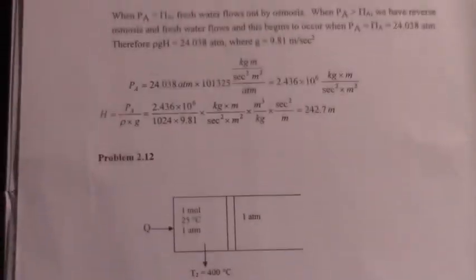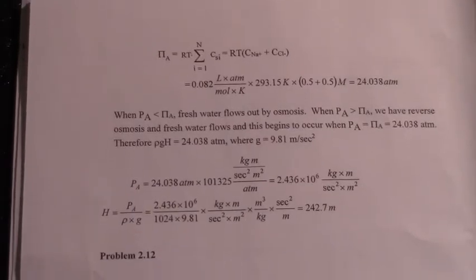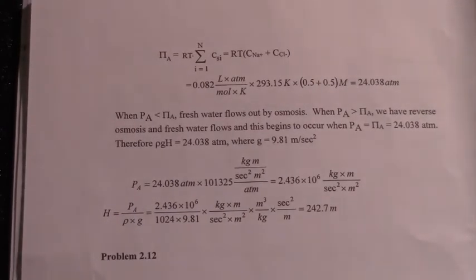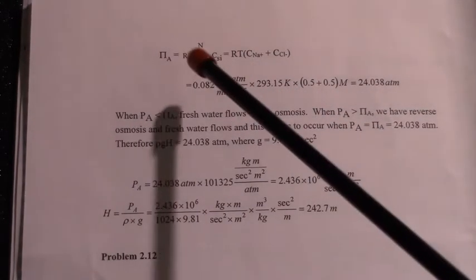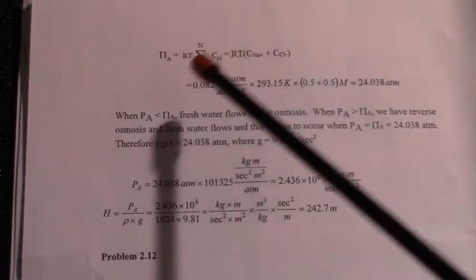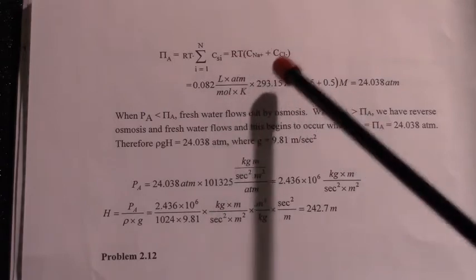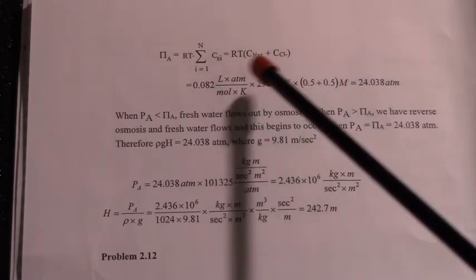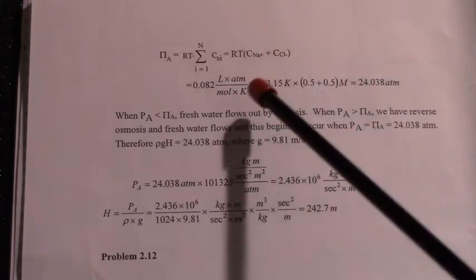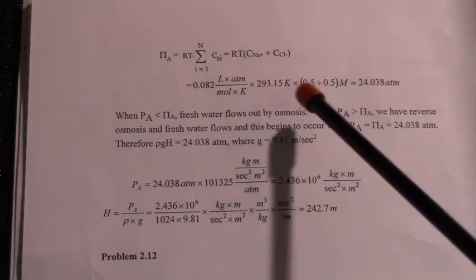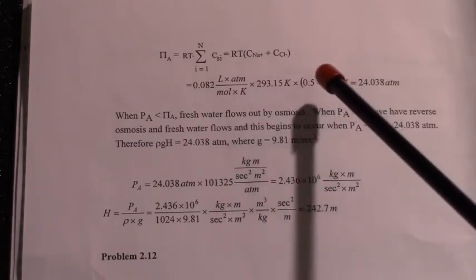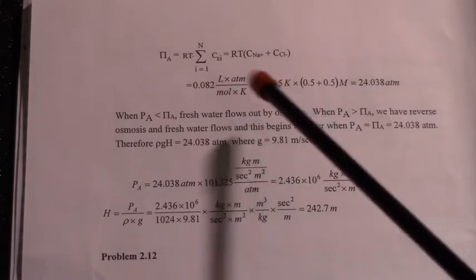So at the top of the next page, we show the rest of the calculations. What we can do is the osmotic pressure of seawater based on an equivalent amount of sodium chloride is equal to this right here. As shown, it's basically seawater is like a 1 molar solution of sodium chloride. Is it 1 molar?